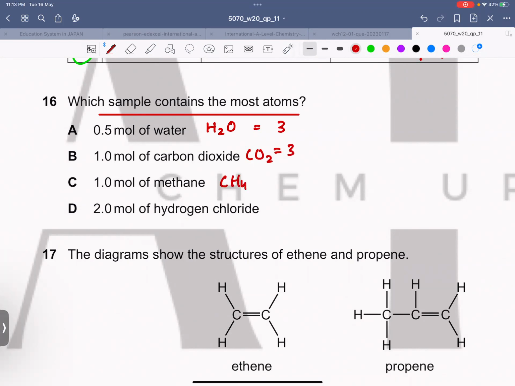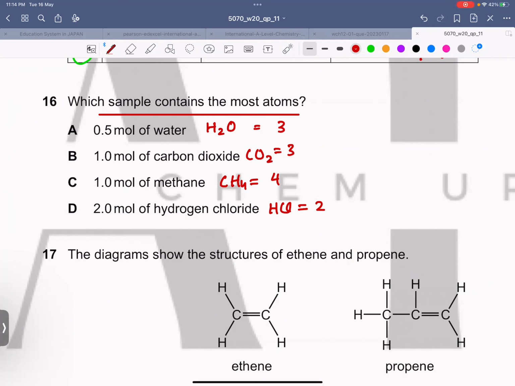Here we have methane, which has 4 atoms, and here we have hydrogen chloride, which has 2 atoms. Now we have to multiply by their moles to identify which one exactly has the most atoms, because these are the numbers of atoms for one molecule of these compounds.